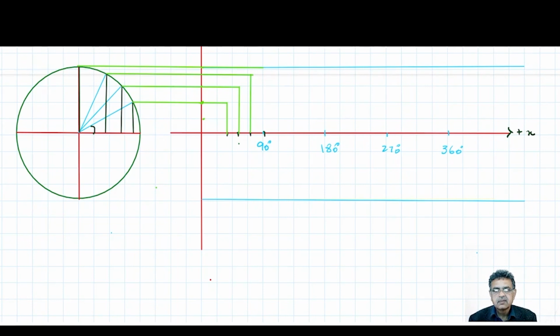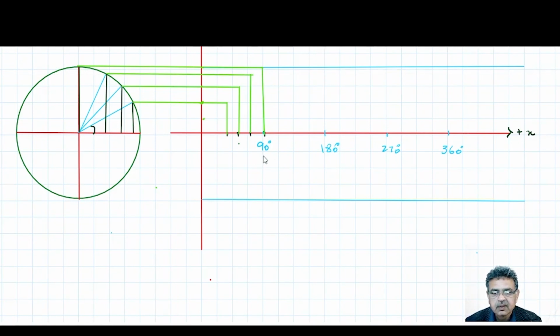And if now we join all these points, this is not a very perfect figure, but I have tried to mark such points.